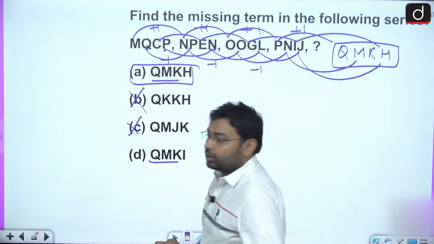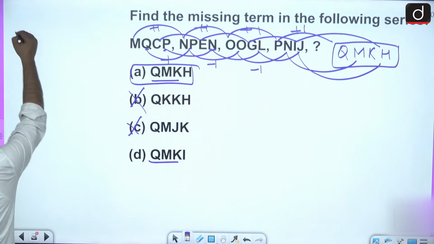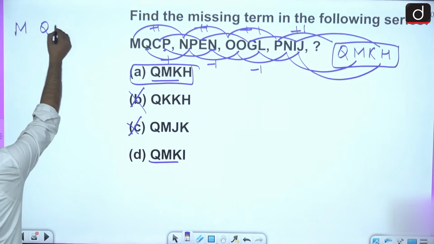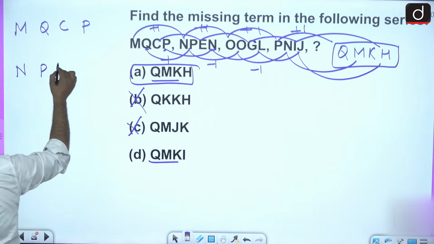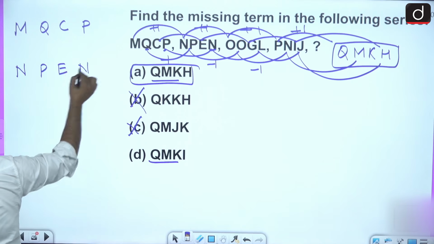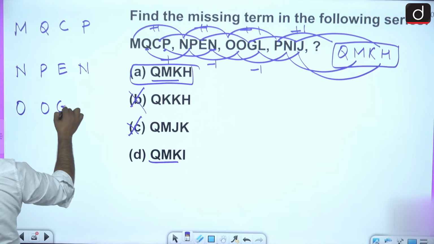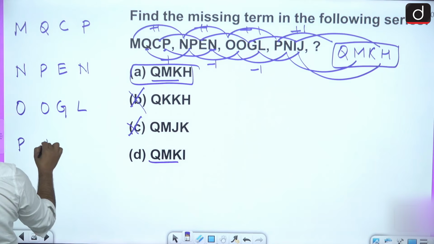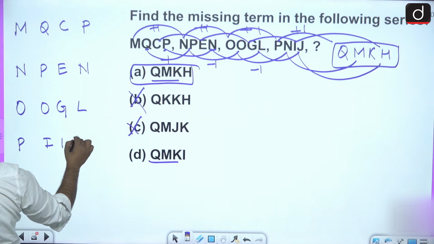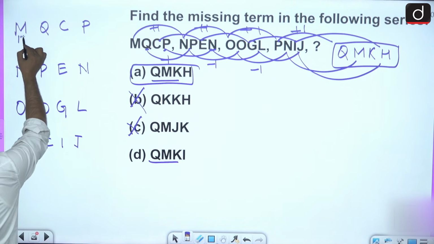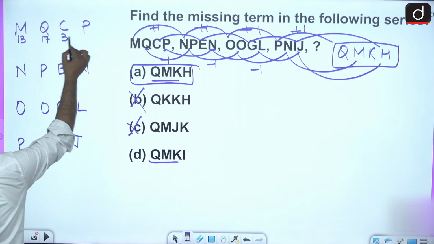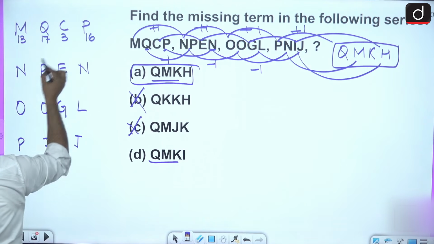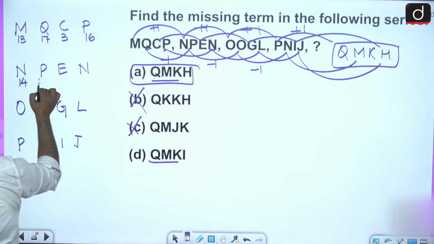Any doubt? Otherwise you also can say then through numbers: MQCP NPEN OOGL PNIJ. M is on 13, Q is on 17, C is on 3, P is on 16, N is on 14.